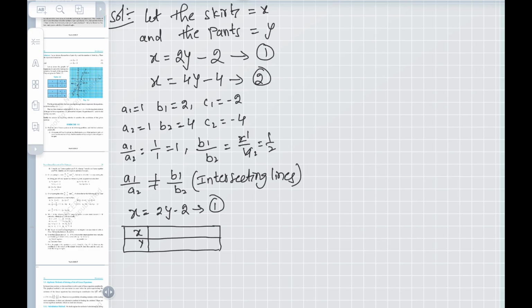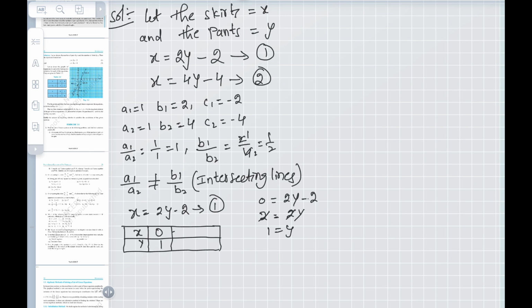Let me take x value 0. Then you will get 0 equals 2y minus 2. So minus 2 you transfer this side, then it becomes plus 2 equals 2y. So 2 and 2 will be cancelled. Then y equals 1.